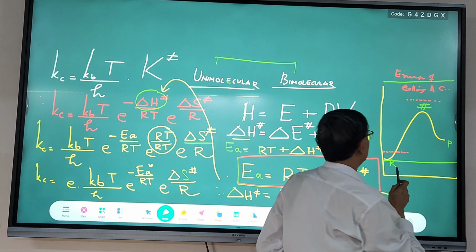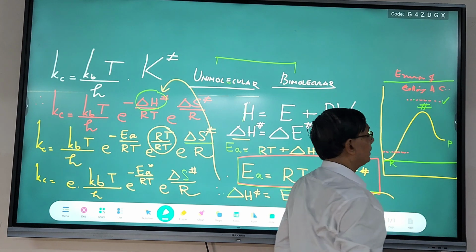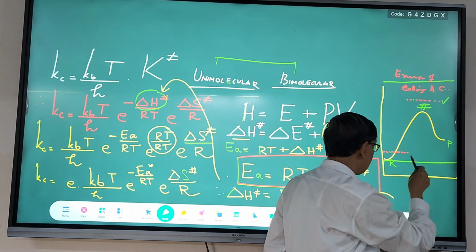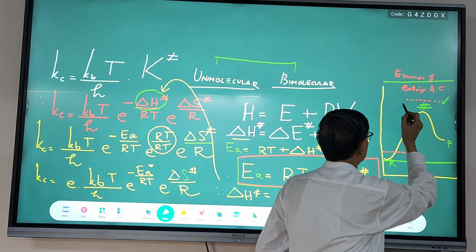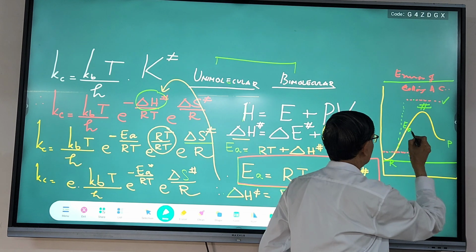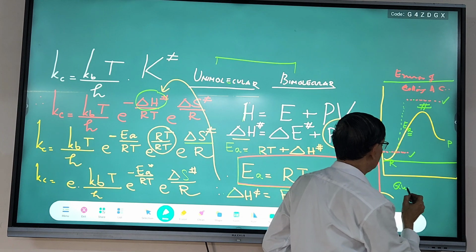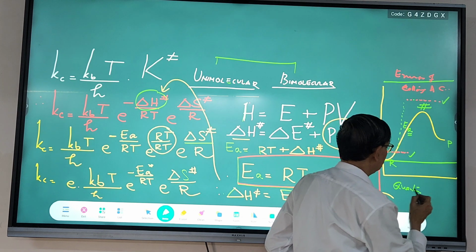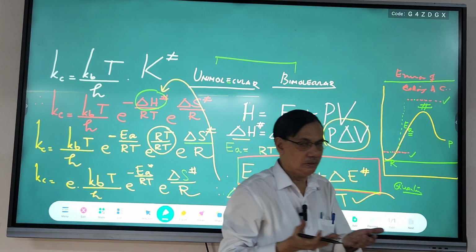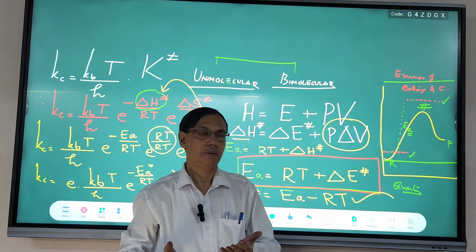Basically, the difference between the zero point energy level of the activated complex and the zero point energy level of the reactant, I can call the energy of activation of the quantum mechanical, because whenever you talk about the zero point energy level, it is related to quantum mechanics.